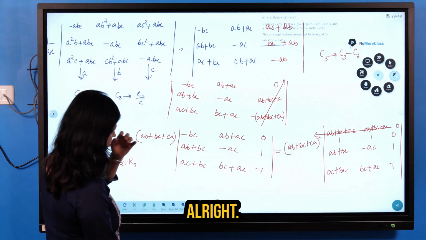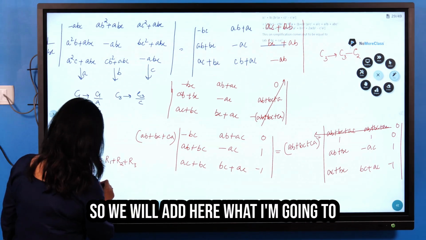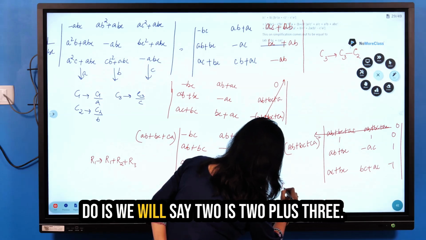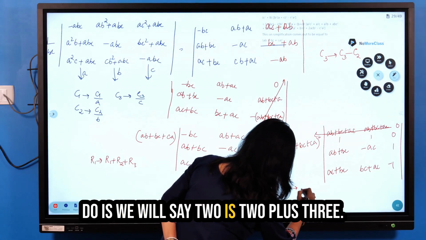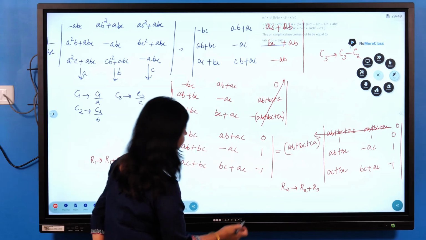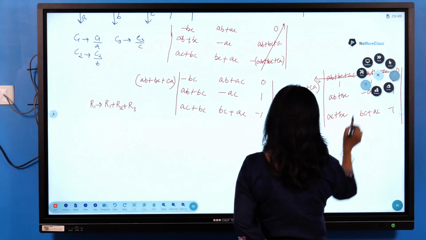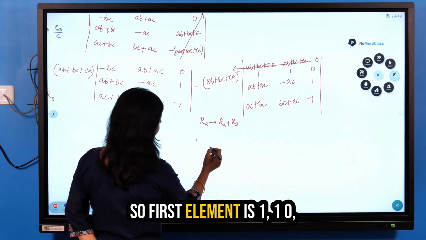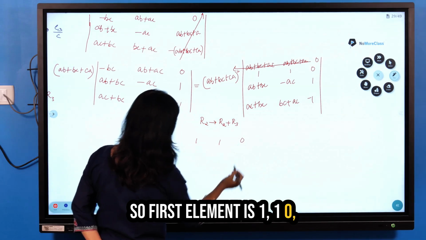All right. So we will add here. What I'm going to do is we will say R2 is R2 plus R3. So R2, first element is 1, 1, 0.